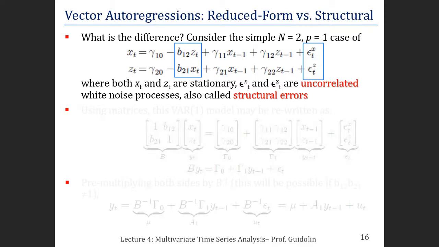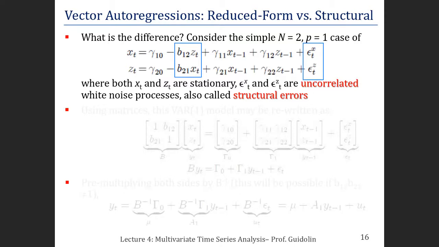Structural errors, by definition, are standardized and normalized, we say, to be uncorrelated. In fact, the assumption that epsilon_tx and epsilon_tz have a zero contemporaneous correlation makes them structural errors.